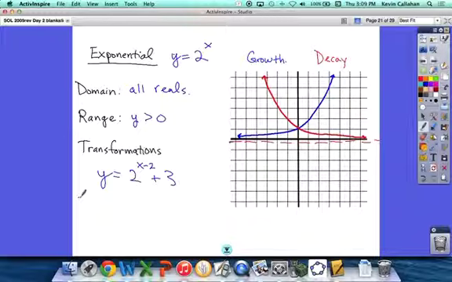The up 3 is going to take the graph and move it up 3. So now where's the asymptote going to be? It's going to be here. So what would be the new range if I move the graph up 3? Y is greater than 3, right? So transformation of an exponential function up or down moves the asymptote, changes the range. It doesn't change the domain.